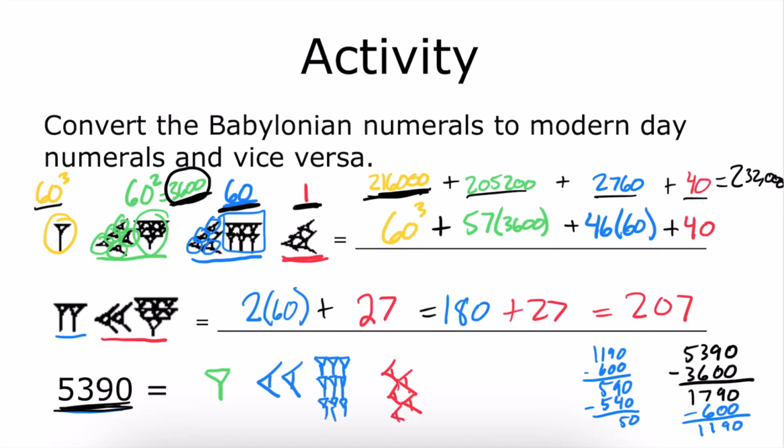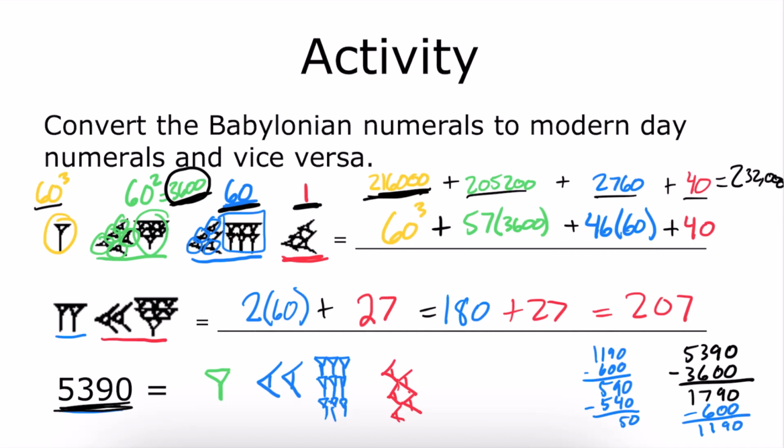So one of the things that's kind of interesting about Babylonian numerals is they would sometimes use a symbol for 0, but sometimes they wouldn't. So for example, if they had nothing in, say, the 60s place value, sometimes they wouldn't write that. So it could be really confusing: is this 12 60s or is it 12 of the 3600s place value?